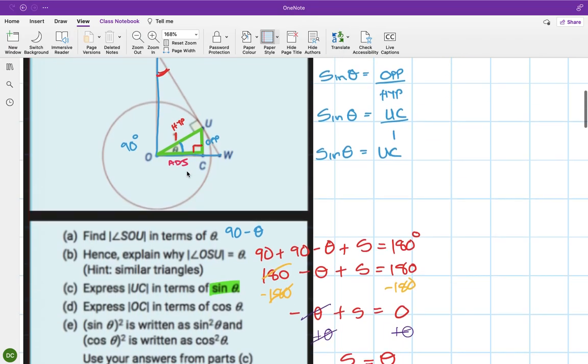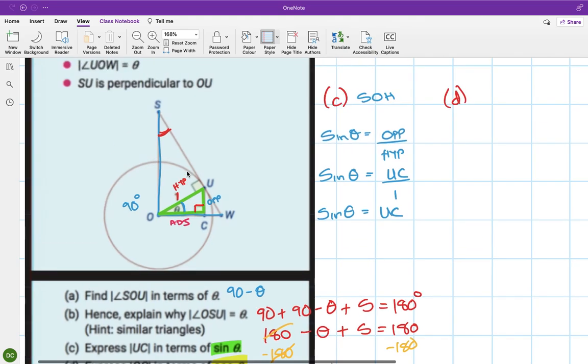And then the last one there, part D, is this exact same thing except with cos. So SOHCAHTOA, that's the CAH part. So the cos, sorry, I'm using theta because the question uses theta.